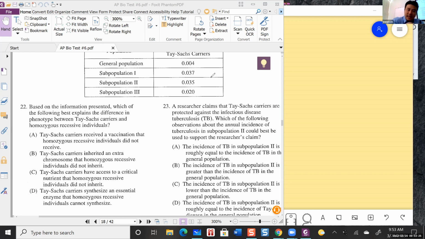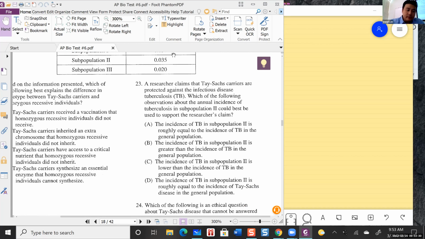Researchers claim, and these claim questions are difficult, guys. Claim questions are not easy. So for 23, let's look at this. Researchers claim that Tay-Sachs carriers are protected against an infectious disease, TB, tuberculosis, those TB skin tests that some of you have done some time ago. Again, we're saying that the carriers are resistant to TB. Which of the following observations about the annual incidence of TB in subpopulation 2 could be used to support the claim?